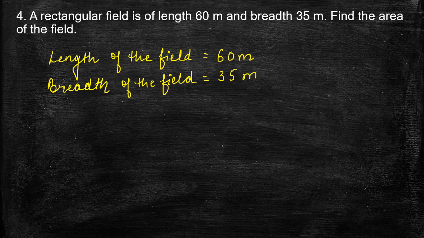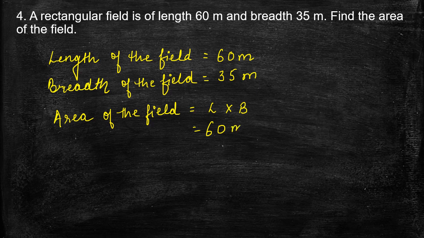We have to find out area of the field. So area of the field will be equals to length into breadth, that is 60 meter multiplied by 35 meter. So 60 multiplied by 35 will be equals to 2100, and since it is area, so we will write unit in square meter. So 2100 square meter is the area of the field.